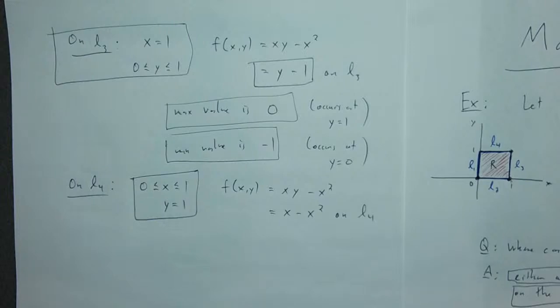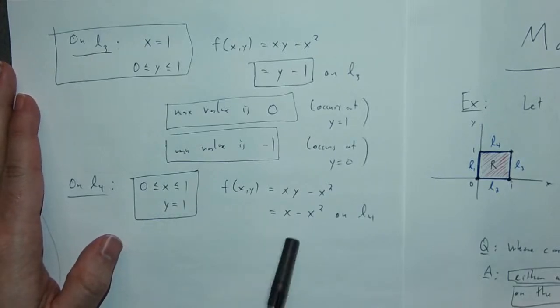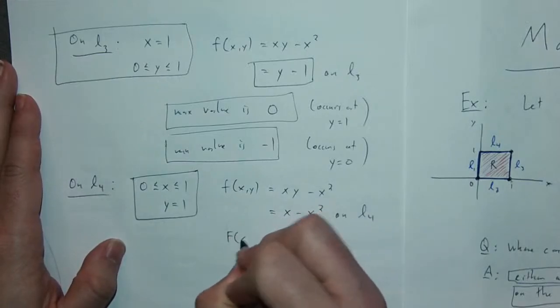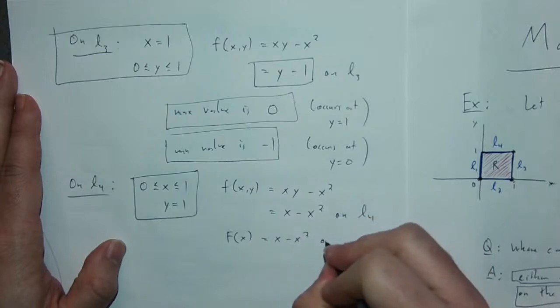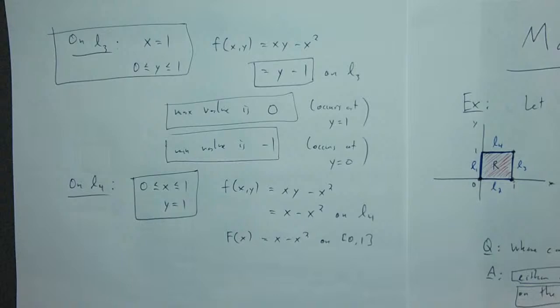Well, this is a Calc 1 problem, right? This is our Calc 1 optimization problem. And so I need to think of this as a function, big F, x minus x squared, on 0 to 1. And I need to apply what I would do in Calc 1 to this.